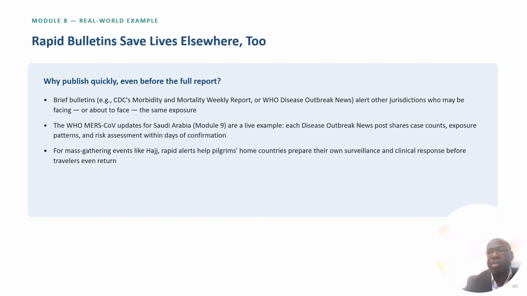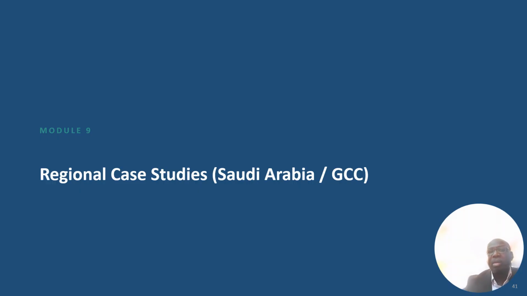We have to release these bulletins to them before they come, so they can get ready: the number of vaccinations, prevention and control measures, precautions. Everything should be released beforehand to make their Hajj performance easy and also to save others' lives during Hajj and Umrah.